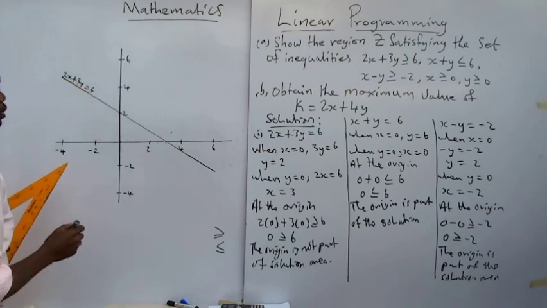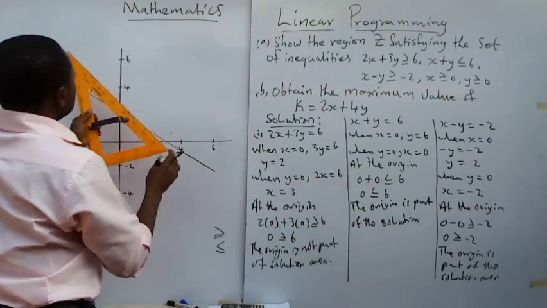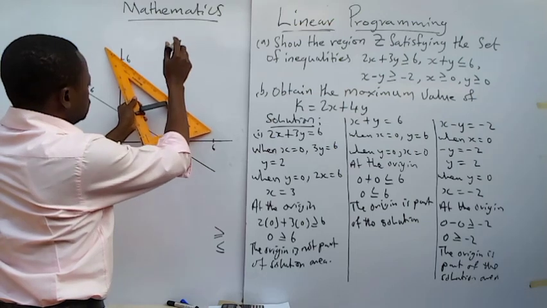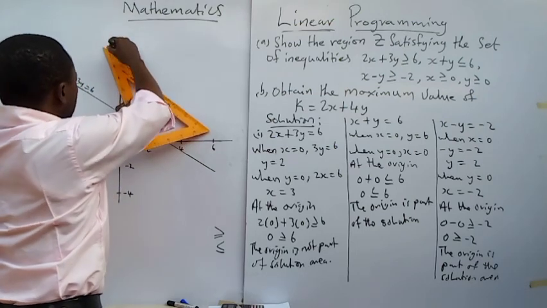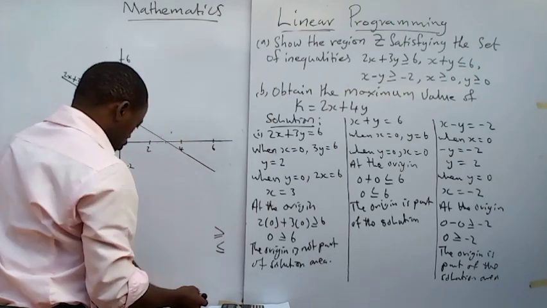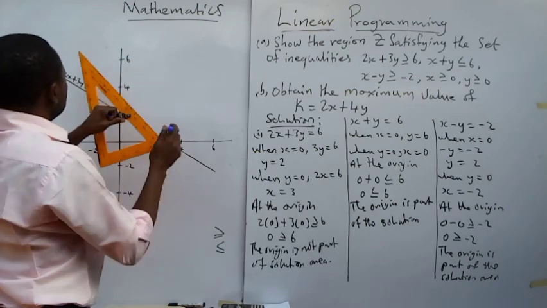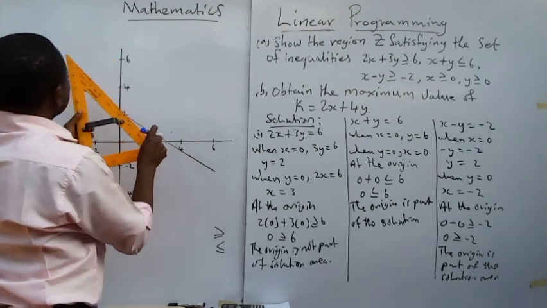And then we have another one. This second one is 6 and 6. Another thick line. 6 and 6. Maybe I will use another. Let me use this one. 6 and 6.